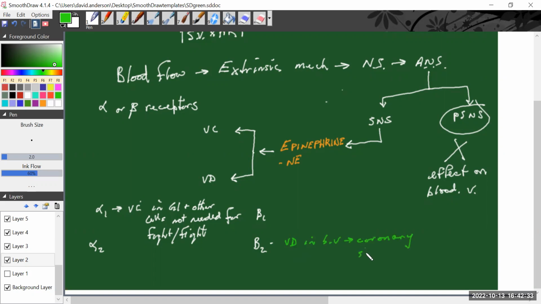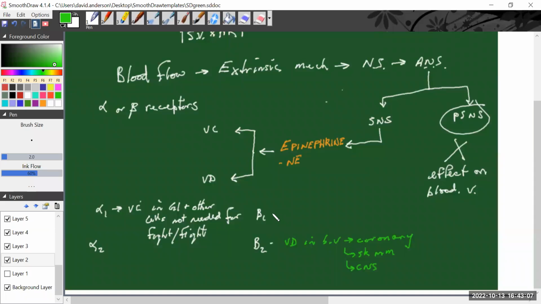As well as skeletal muscle and arteries to the central nervous system. All tissues that are going to help us in fight or flight. We also get vasodilation to the airways of the lungs, but that's not blood vessels. We're trying to stay with blood vessels here.